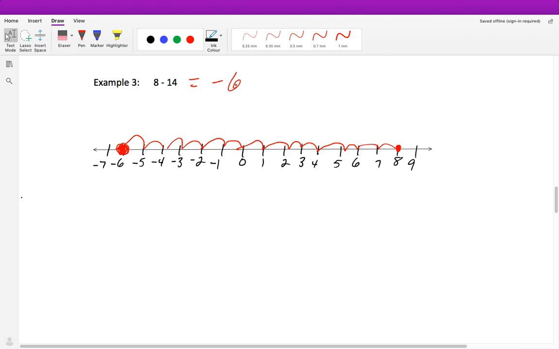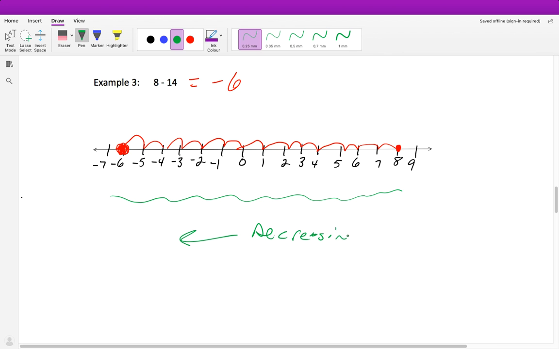Think about another example. Look at your notes. What does that look awfully close to? We're going to talk about this in just one second. But 8 minus 14 gives us negative 6. I do expect that you are able to use this number line to solve this problem, because we know that as we move to the left, we are decreasing.